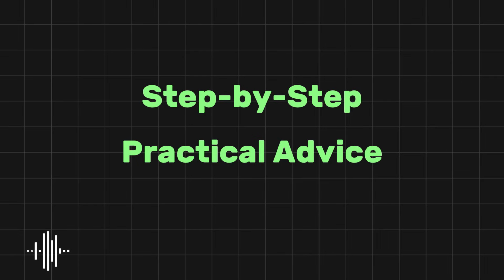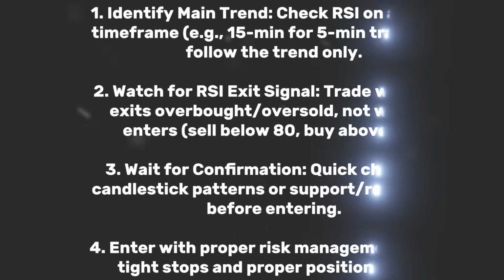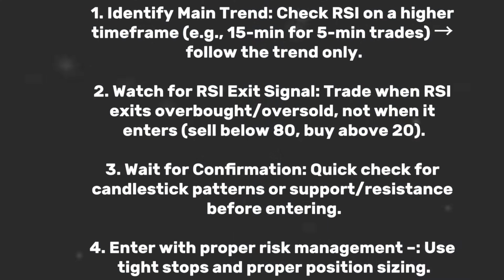Step-by-step practical advice. Here's a clear step-by-step approach for using RSI safely in scalping using the settings we discussed earlier. When scalping with RSI, first check the main trend on a higher time frame, like the 15-minute chart for 5-minute trades, and always trade in that direction. Next, watch for RSI exiting overbought or oversold levels.